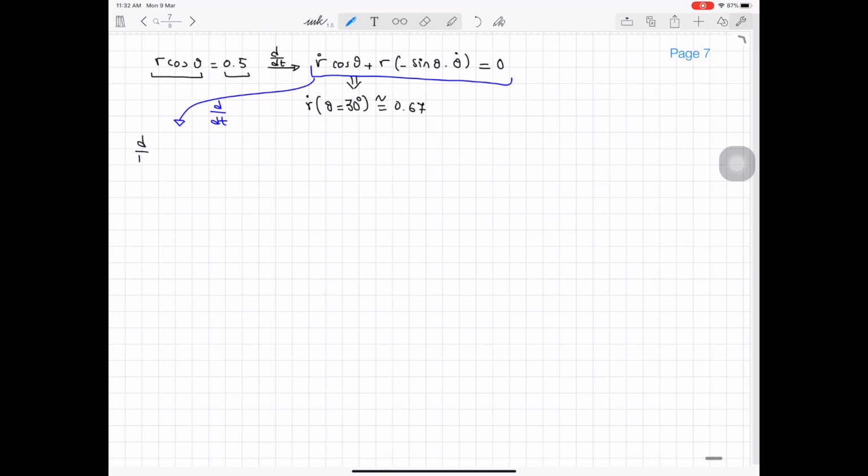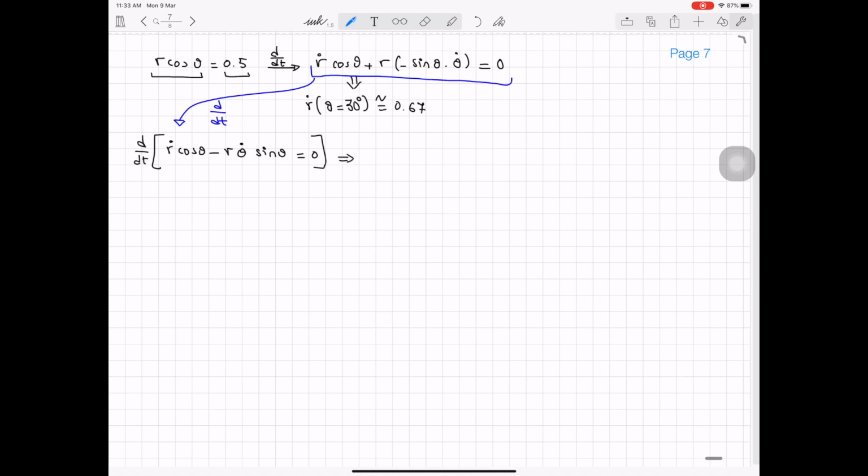We have d over dt of (R dot cosine theta minus R theta dot sine theta) equal to 0. So what we have here is the derivative of a sum, so it is the sum of derivatives.